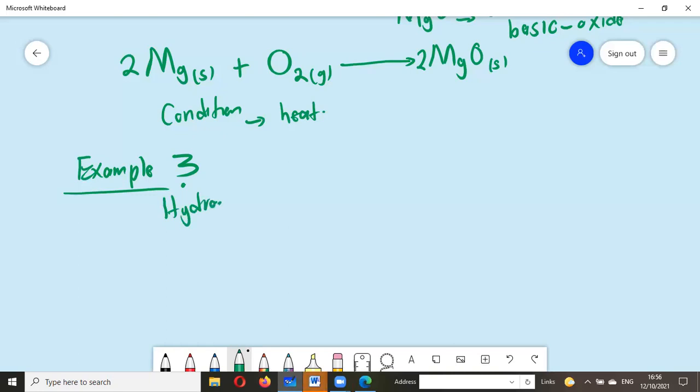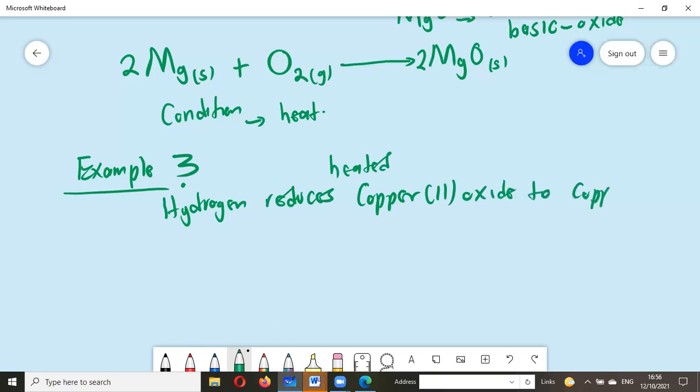So hydrogen reduces copper(II) oxide, which is heated, to form copper, and itself is oxidized to water.